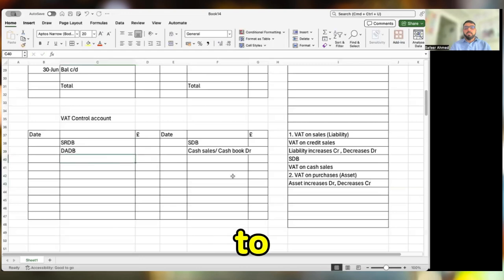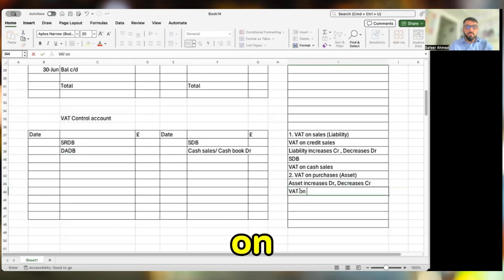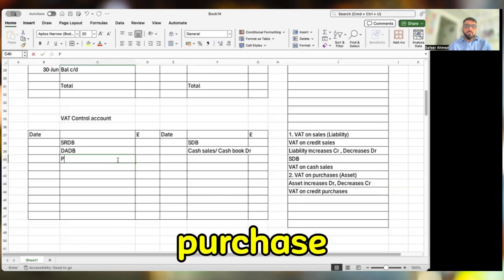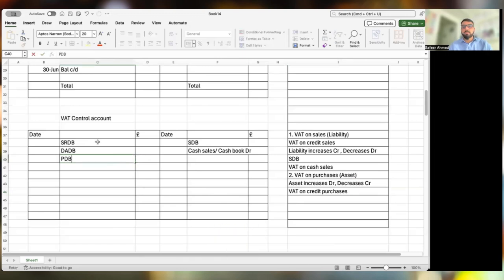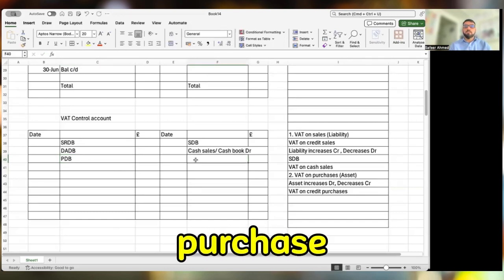So VAT on credit purchases will be an asset for the business. So of course, this will be taken from the purchase day book, and it will be on the debit side, an increase in asset.